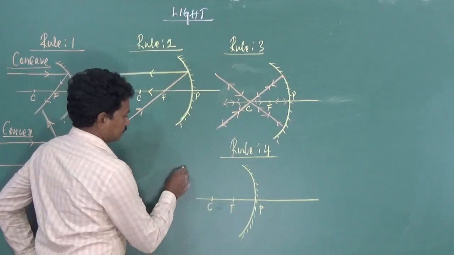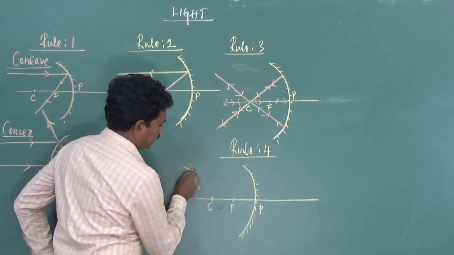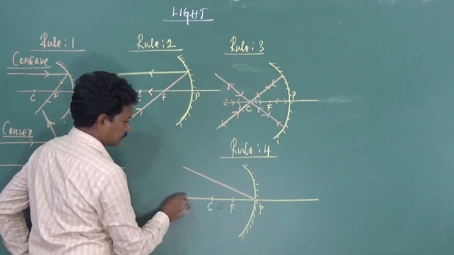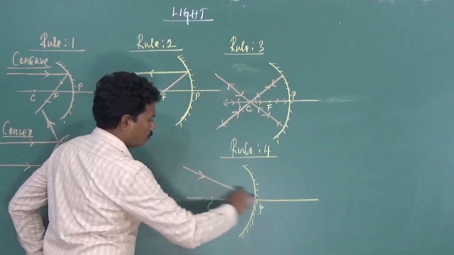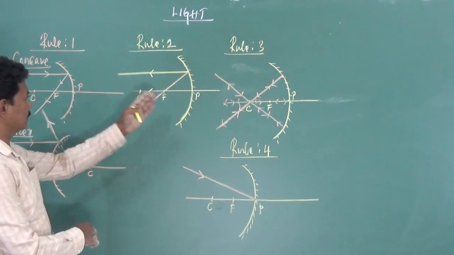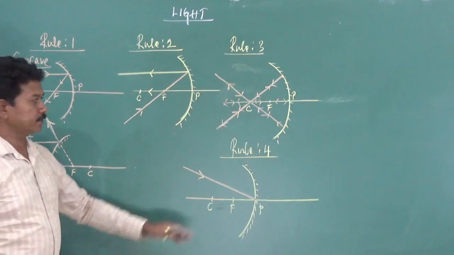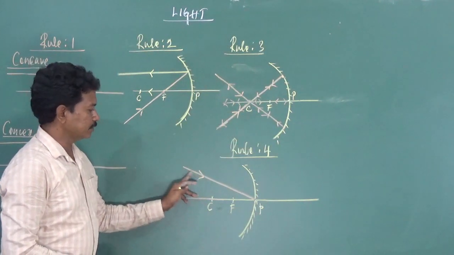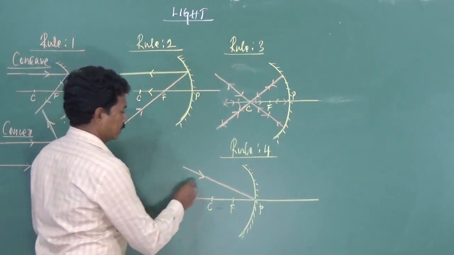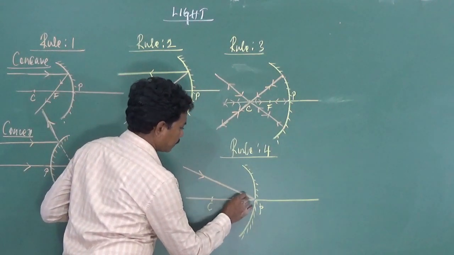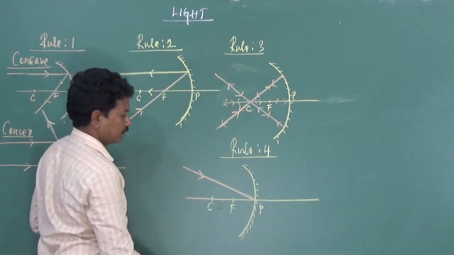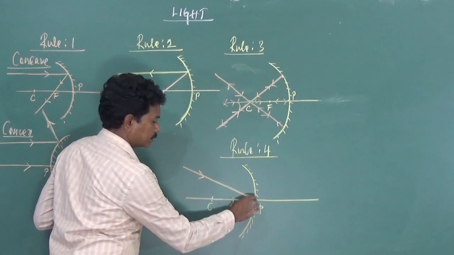Let us imagine a light ray traveling oblique to the principal axis. This is the principal axis and the light ray is traveling obliquely to that, not parallel to that. Usually we take all the light rays in all the examples parallel to the axis, but here let us imagine a light ray traveling obliquely to it. So this light ray is going to fall on the pole of the mirror and get reflected at this point.